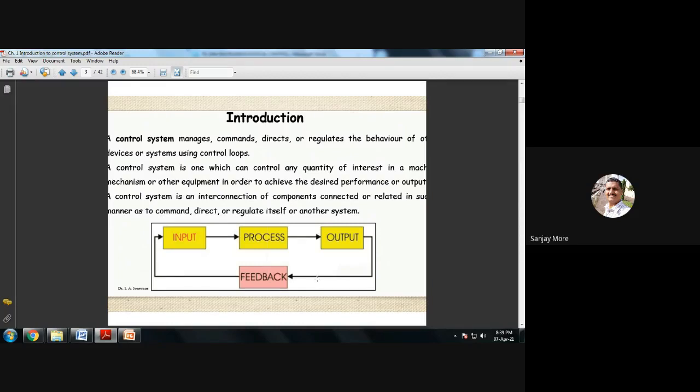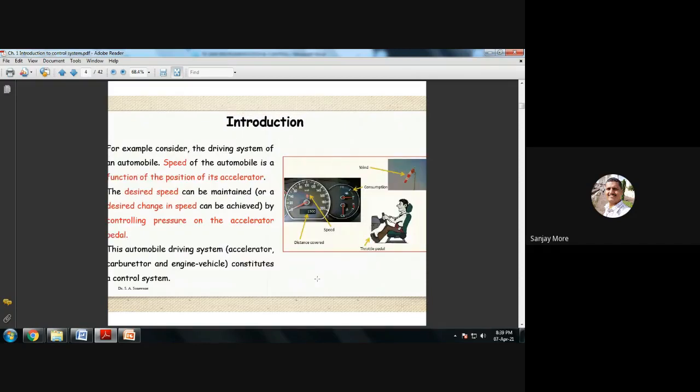For example, consider the driving system of an automobile.